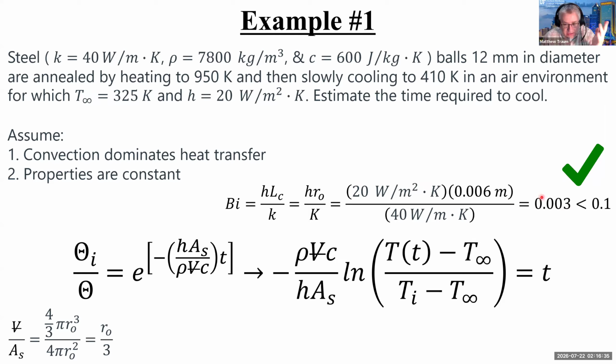So that gets a green check, indicating that I can, in fact, hallelujah, use the lumped capacitance model to solve this temperature profile. The resulting temperature that I get at the end is relatively small in terms of the error from the real value.